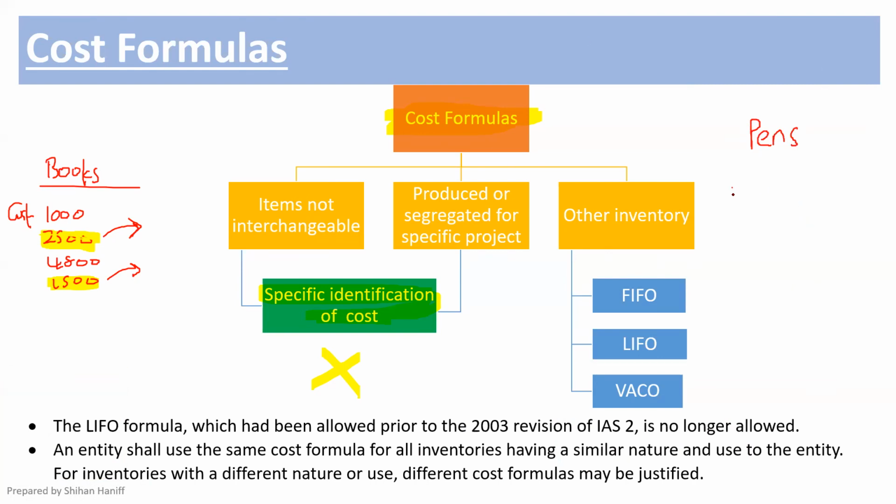Maybe in January you buy pens at 6 rupees. In February you might buy this at 8 rupees. And in March you might purchase at 750.